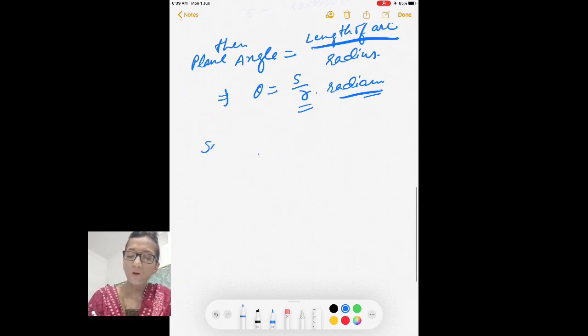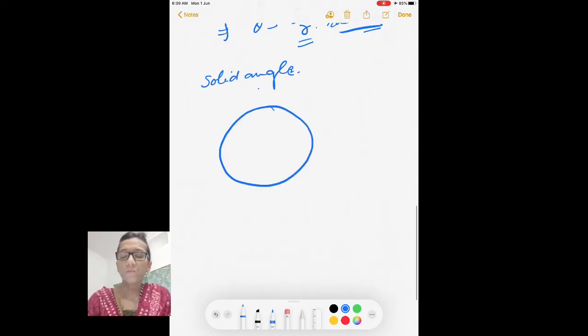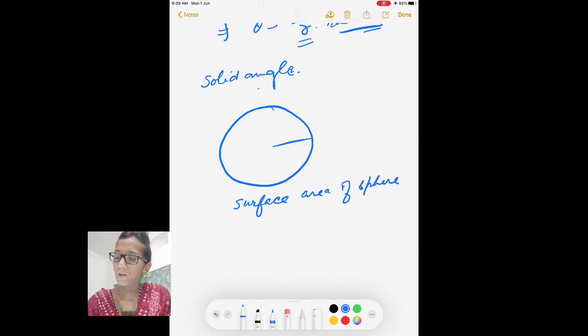Now the next one is solid angle. If you consider a sphere like a ball, it has some surface area, and we know that the surface area of a sphere is equal to 4 pi r square.